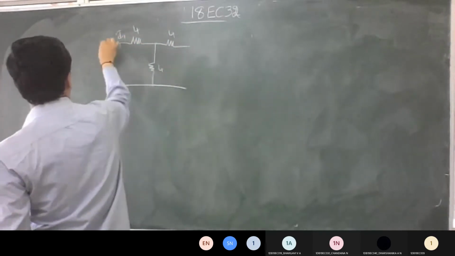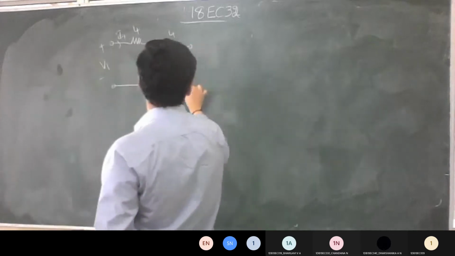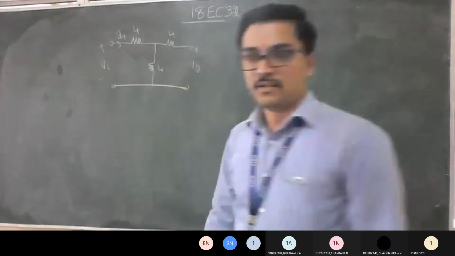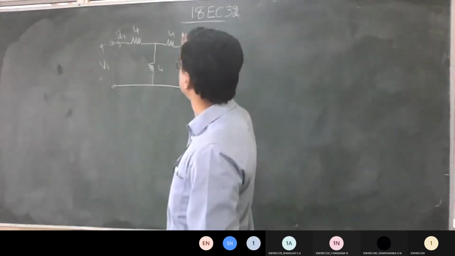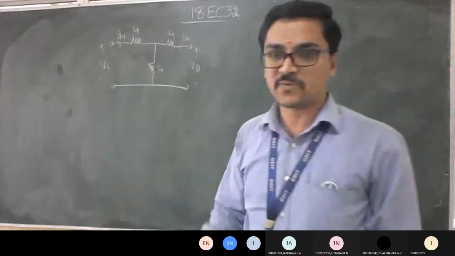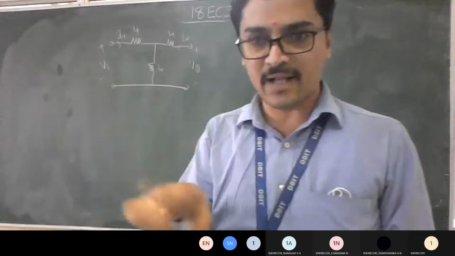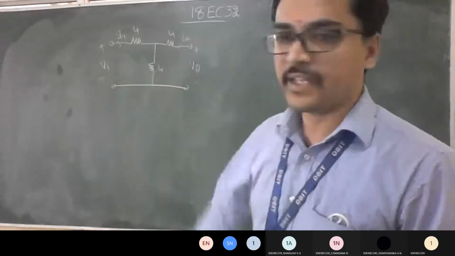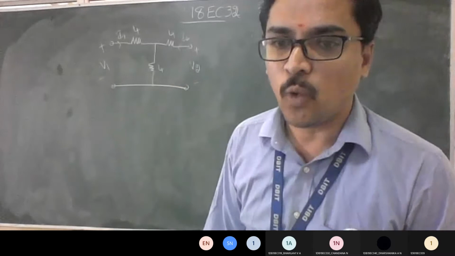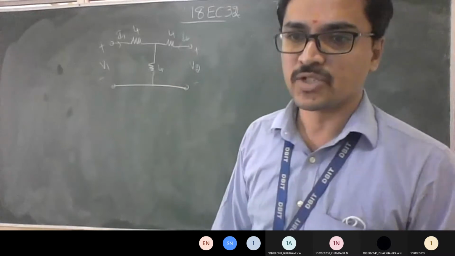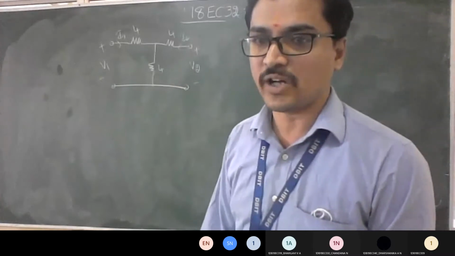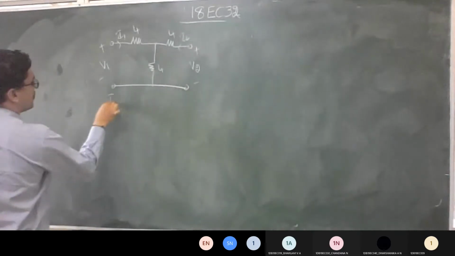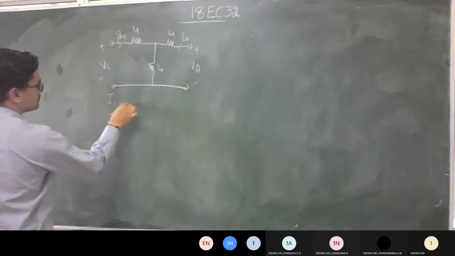So to understand the way to solve the Y parameter, that's why I told you that for one question they ask you to solve all the parameters. For the given network, find the Y parameter. So what should you do first? You need to write a generalized equation. Now it's I1, I2.